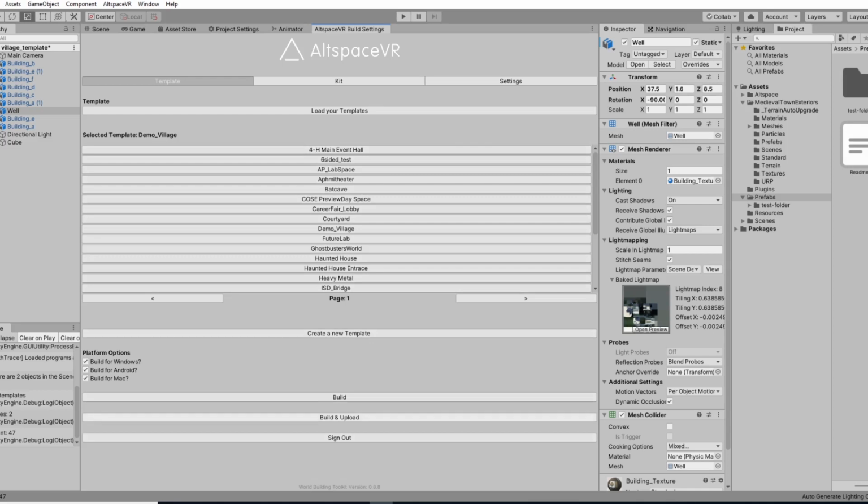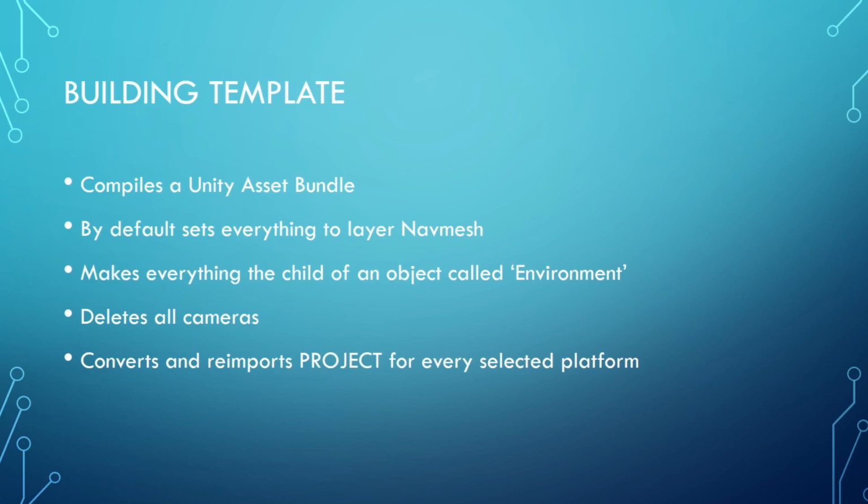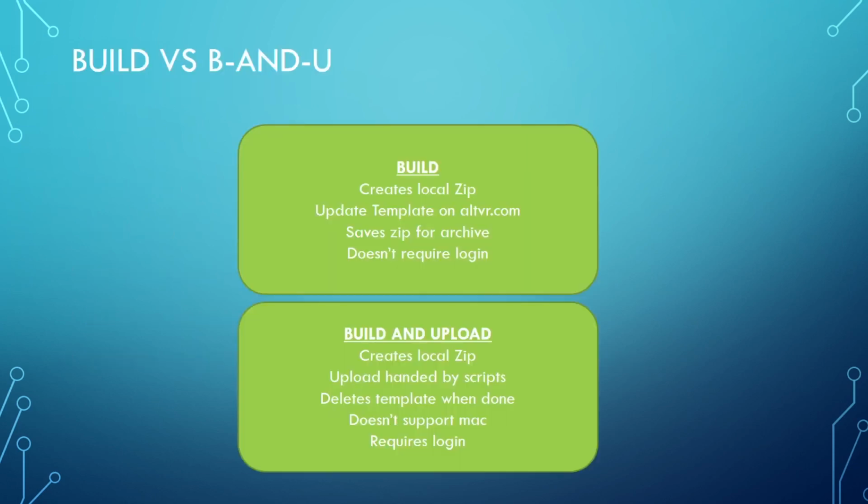And now if I click build and upload, it will attempt to build for all three of these platforms and then upload that template. And I say attempt. So looking at these two options just for a moment a little closely.